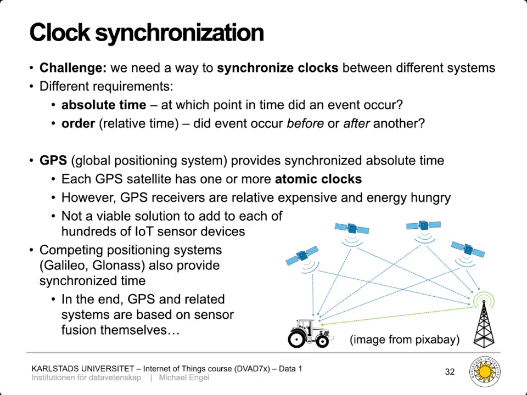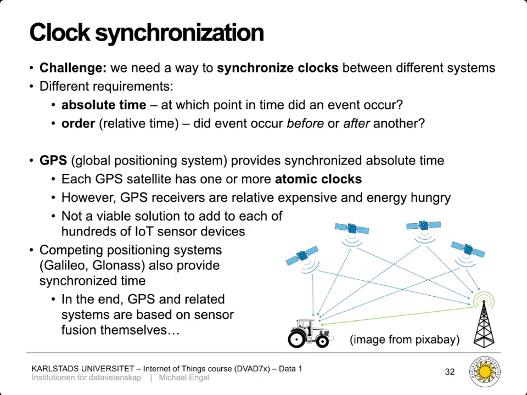Of course, we need to add there are competing technologies like the European Galileo or the Russian GLONASS system, and I think there's also a Chinese one, and these work on very similar principles, so they also provide synchronized times. And what's funny, of course, in the end, well, we're measuring time. It's also just an effect you measure, a physical effect.